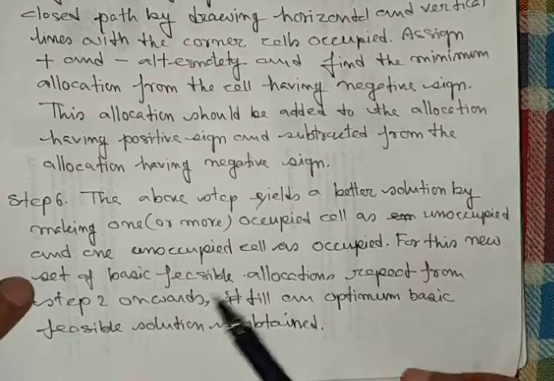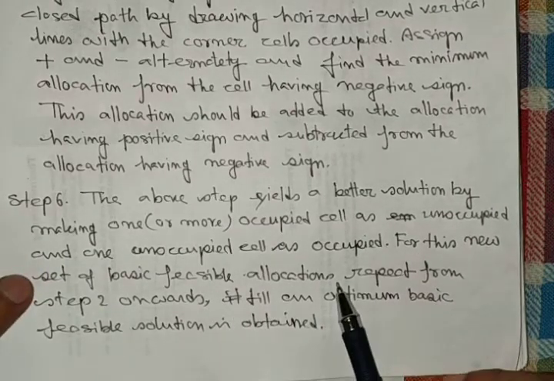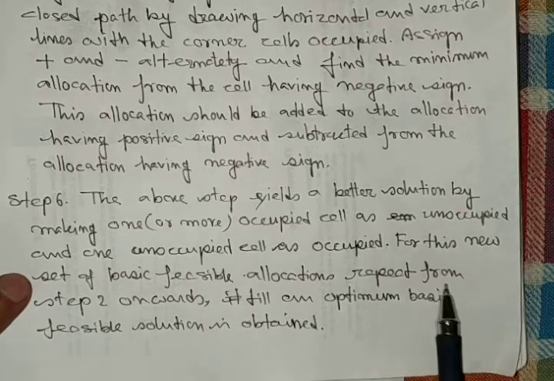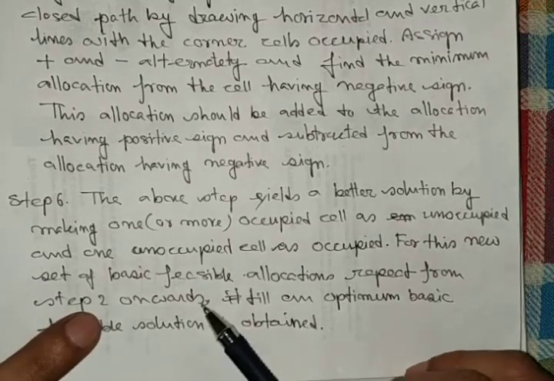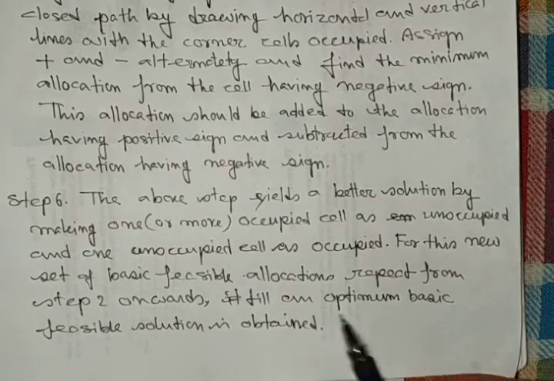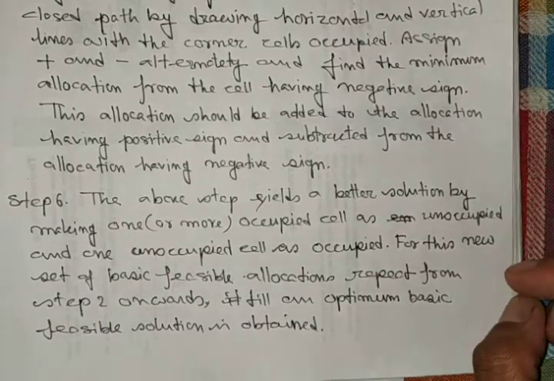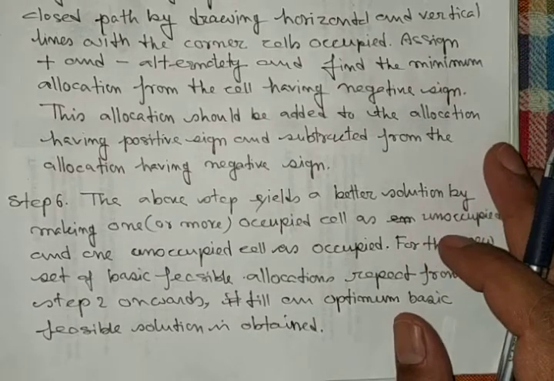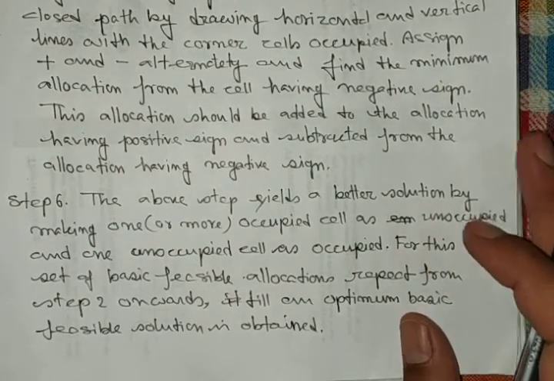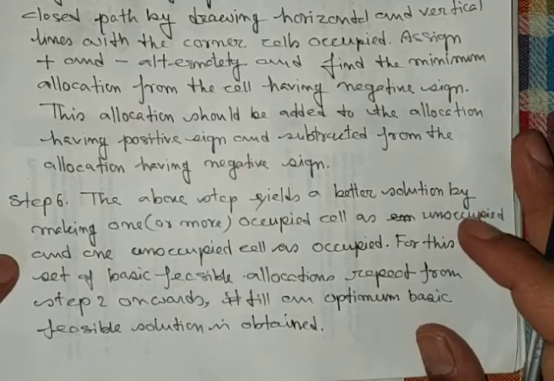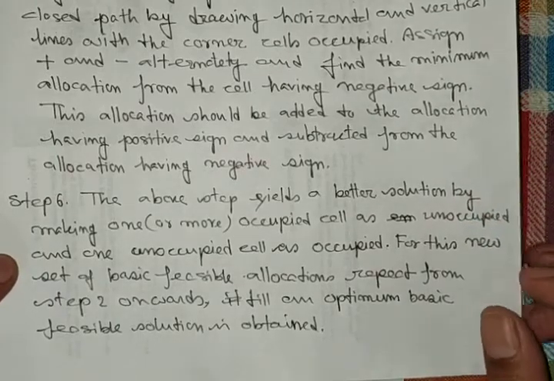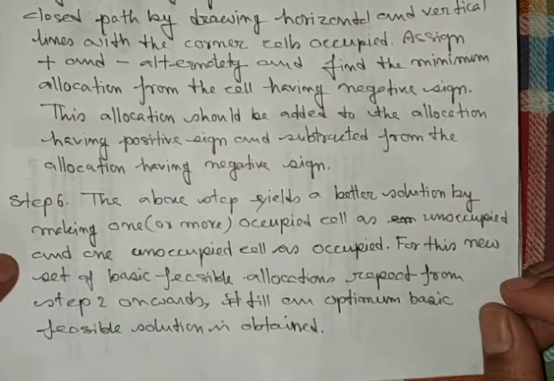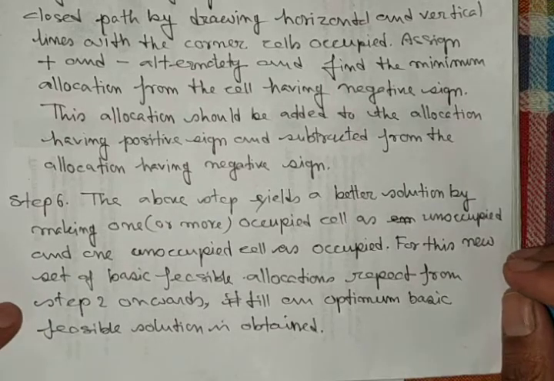For this new set of basic feasible allocations, repeat from step 2 onwards till an optimum basic feasible solution is obtained. So this is the methodology which is basically used to find out the optimum solution after getting the initial basic feasible solution for a transportation problem.